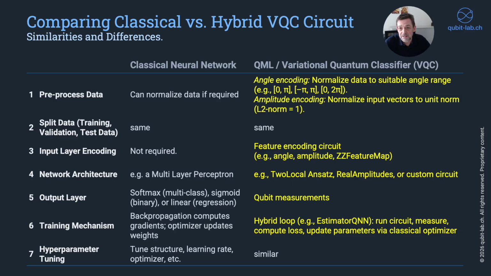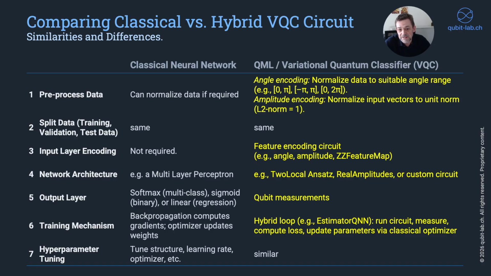If we compare the QML approach with classical machine learning, we can see we need to pre-process, normalize the data, to the phase range of the qubit. So typically from 0 to pi or 0 to 2 pi.